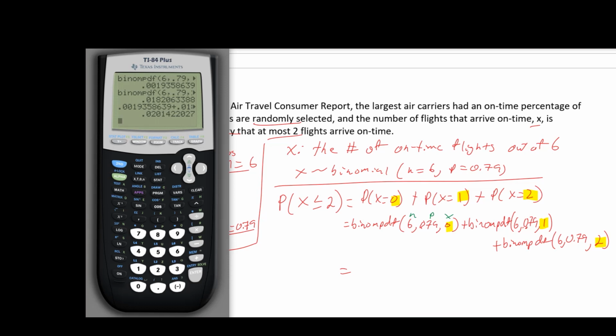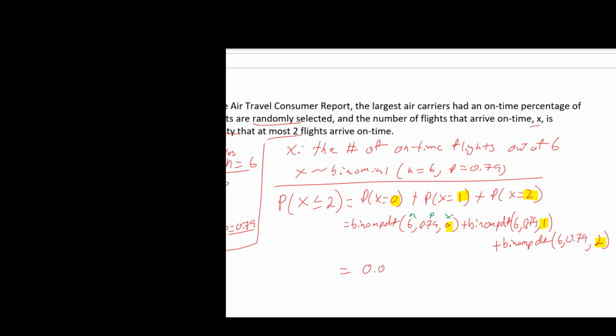I'm also going to add on the first one, since it might add something. Yeah, it does make a difference, not much, but a little bit. So we have ourselves 0.0202 if I'm rounding.